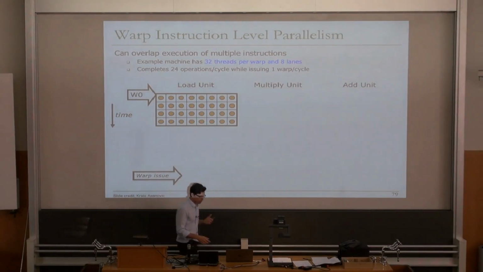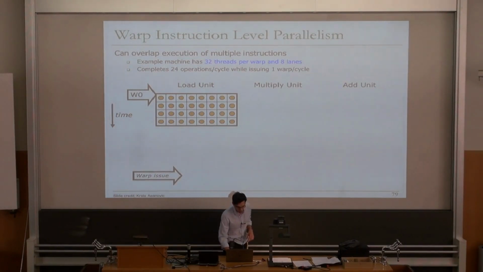Now instead of a vector instruction, we are talking about a warp instruction. Because we only have 8 lanes, we cannot start the execution for the 32 threads in the same cycle. We have to do it in 4 cycles, so the first 8 threads, then the next 8 threads, and so on.